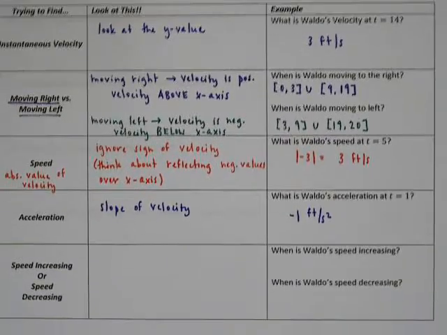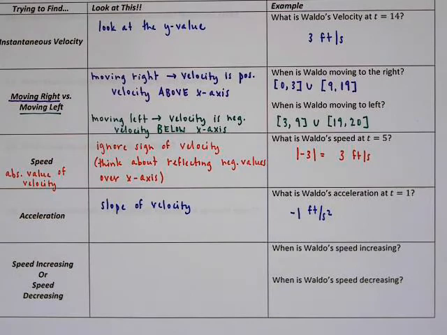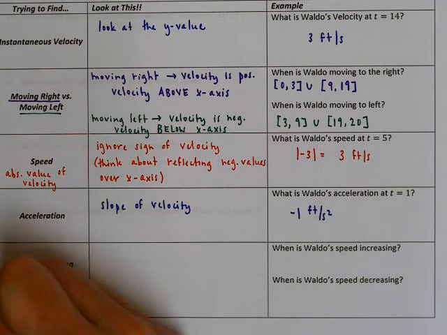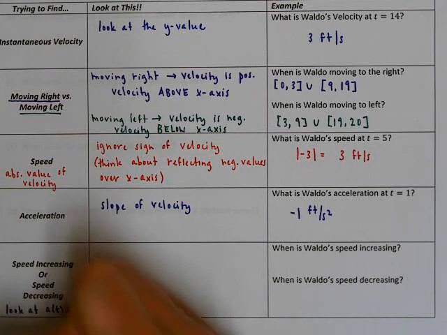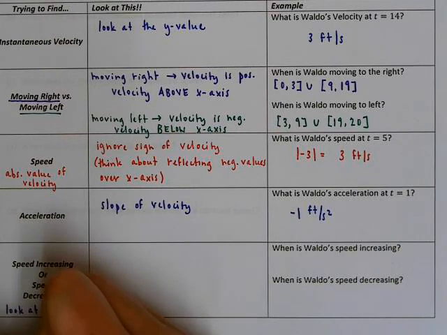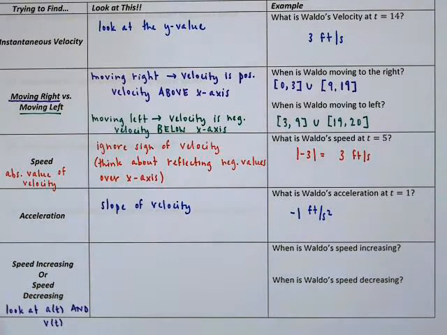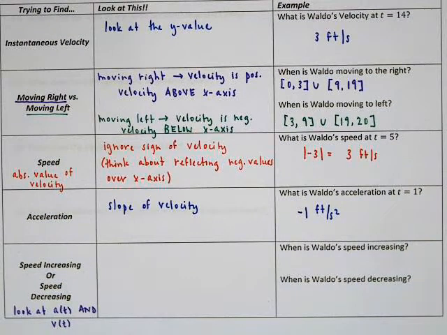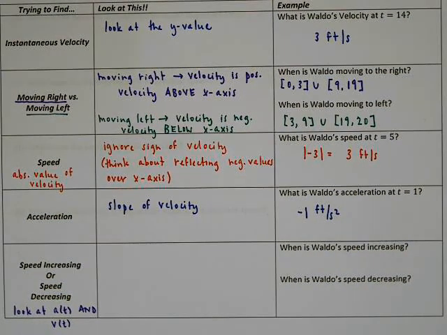Okay, now with speed increasing or speed decreasing, remember we have to look at acceleration and velocity. This is a lot like when we talked about where graphs of f were increasing and concave up, a question like that where we had to look both at the graph and consider its slope. So let's think about speed increasing.